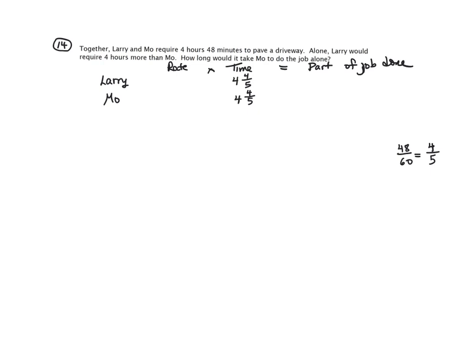Alone, Larry would require 4 hours more than Mo. Okay, so this is a little different. We do not know Larry's rate and Mo's rate, but we have a relationship between their rates. So let's see. We could let x represent the number of hours it takes Mo to pave the driveway himself.